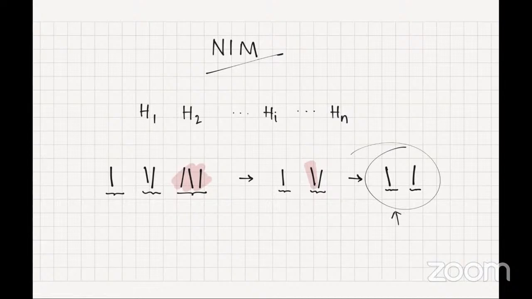You could draw out the game tree the same as we have been doing for subtraction. But for any individual pile, the game tree is now going to have as many children as the size of that pile. So remember, for subtraction, depending on what the numbers A, B, or C were, you would typically have 3 children, which would be the result of removing A tokens, B tokens, and C tokens.